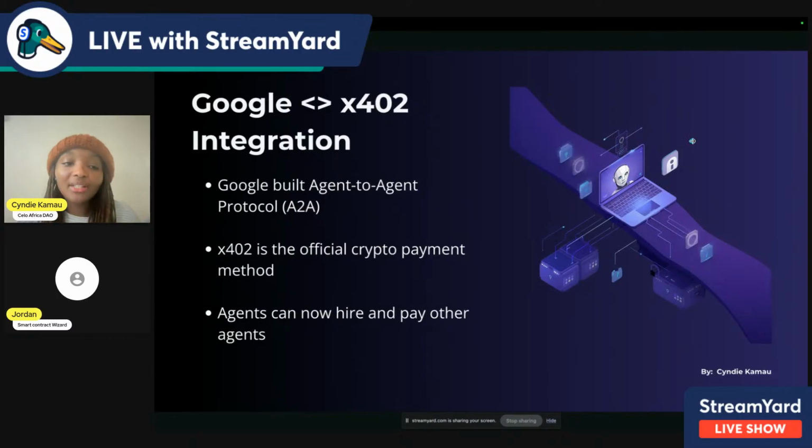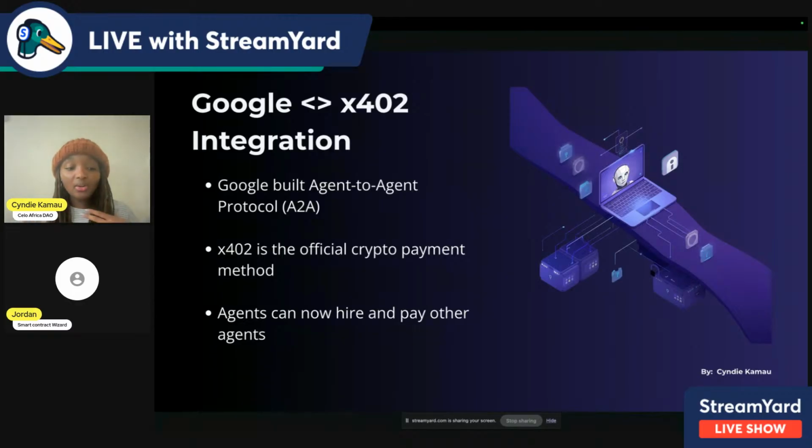This is actually very interesting, because the x402 system could not have gone more mainstream if it were not for the collaboration with Google. Google had built the agent-to-agent protocol at this time.